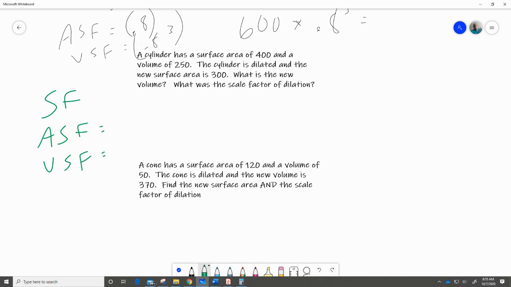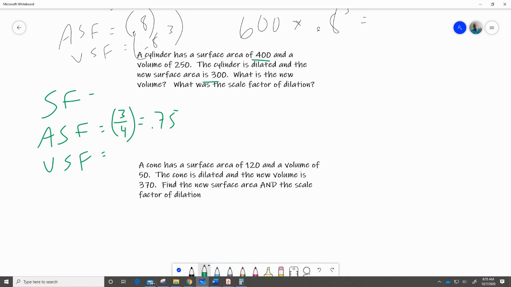If the original surface area was 400 and the new surface area is 300, we know that the area scale factor is 3 over 4, which is equal to 0.75.